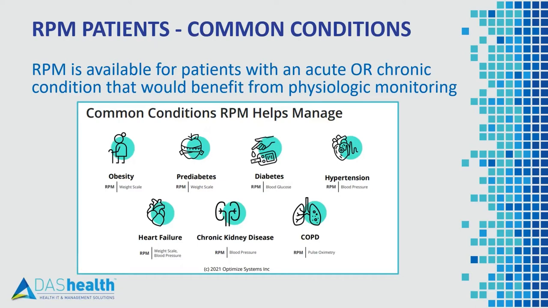COPD. The patient could maybe have a pulse oximeter at home that would send data back to your office. Diabetes. We've seen some sort of blood glucose device that transfers data to your office regularly. And then most recently, we've seen certain devices and RPM functionality related to COVID-19. So these are all instances where an RPM device could benefit the patient and improve their care.